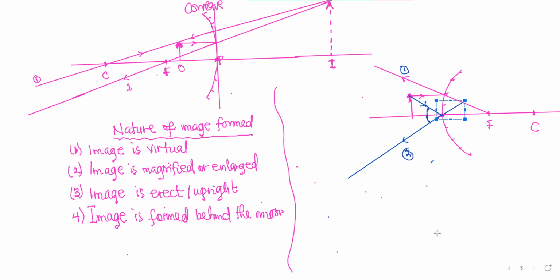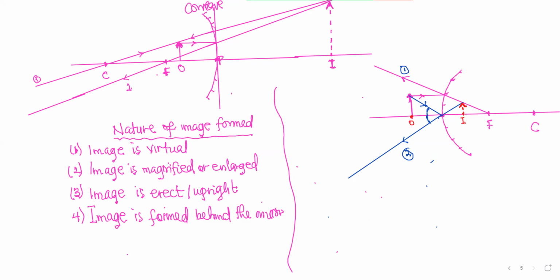That will be the position for the image, the apparent or virtual position of the image. The point of intersection is where the head will be. The foot of the object and the image is always on the principal axis.